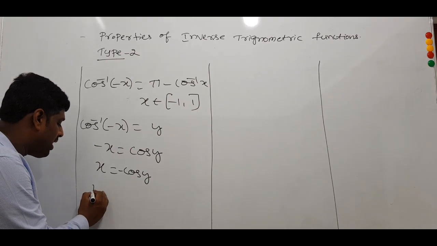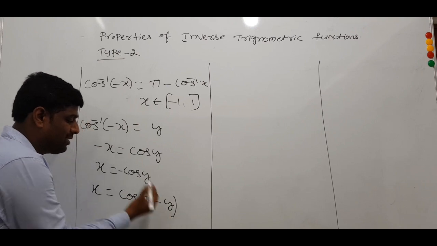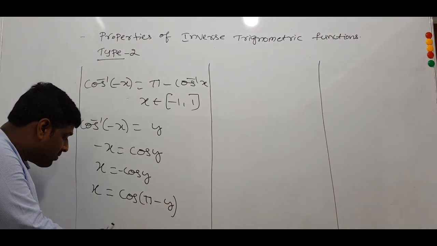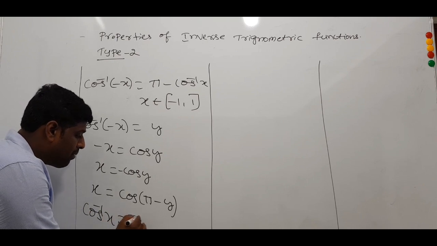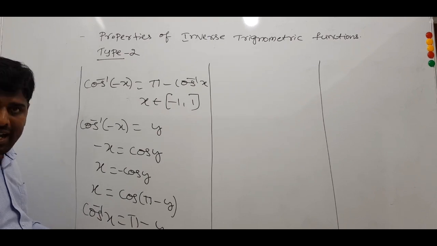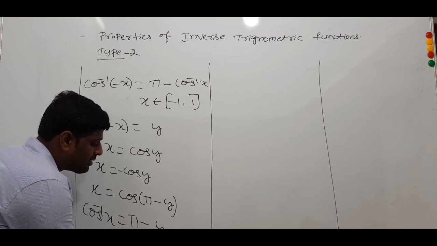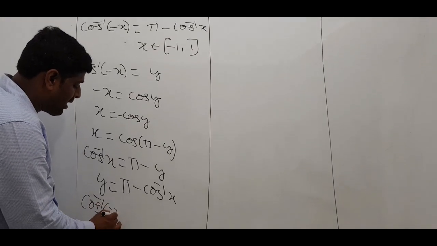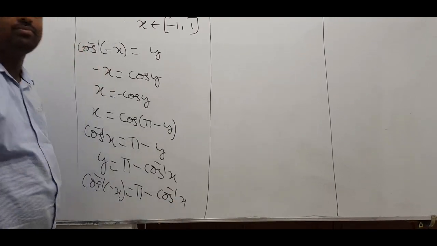That's why I have to take x is equal to cos of 180 minus y, that means cos of pi minus y. Then cos shifts to the LHS, cos inverse x is equal to pi minus y. Now in this equation I want to find the y value, so y is equal to pi minus cos inverse x. Substituting the y value, cos inverse of minus x is equal to pi minus cos inverse x.